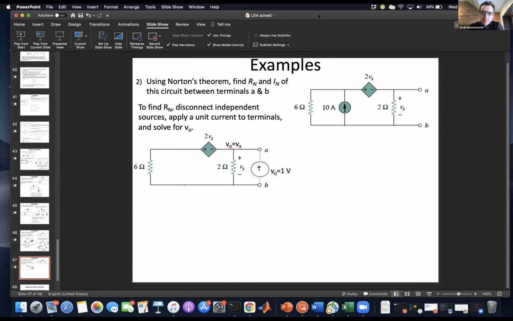I haven't done this before. I hope it works out. We have, this is now equal to 1 volt. This is equal to 2 volts. And so let's see.